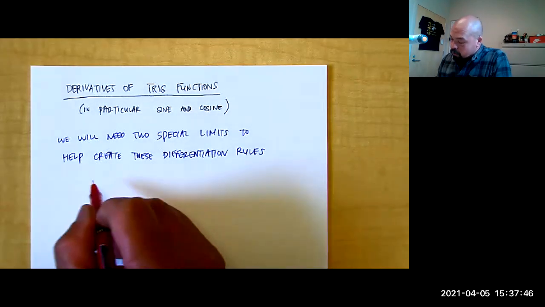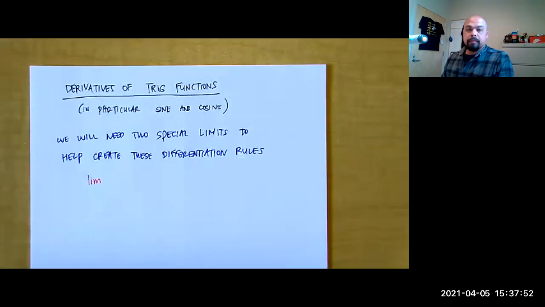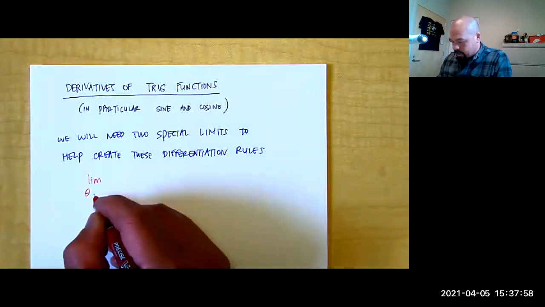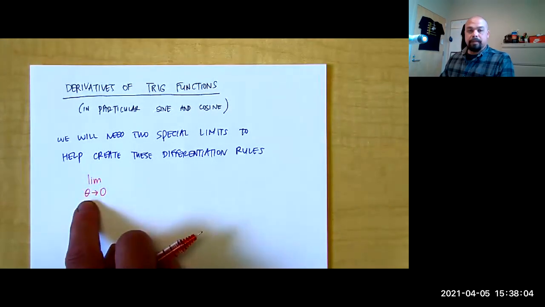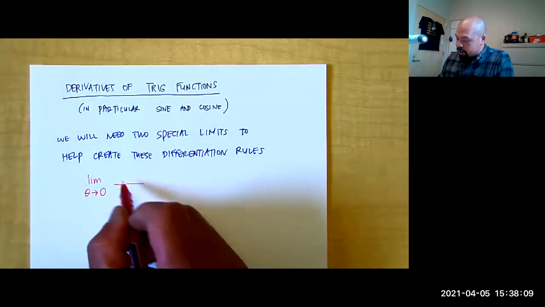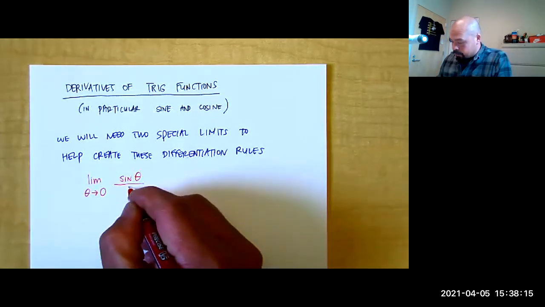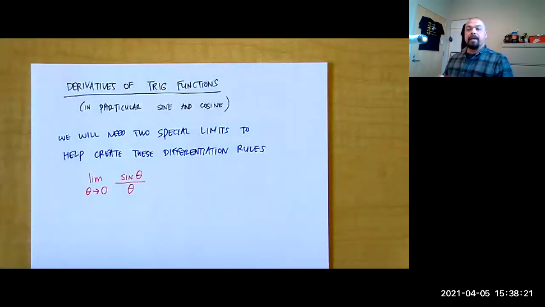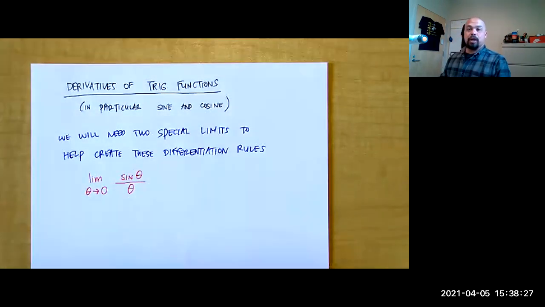The first being, and you may remember this from a practice problem I provided in one of our homework sets, that if I take the limit as theta goes to 0, whatever variable symbol I'm using, theta going to 0, and in our derivative it's h going to 0, but if we have this ratio, the sine of that angle theta over that same exact angle in the denominator, in our direct substitution, sine of 0 over 0, sine of 0 is 0, 0 over 0, that indeterminate form, right?